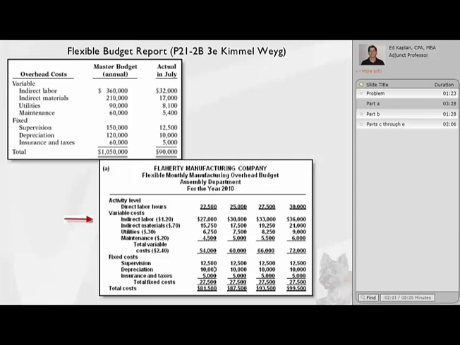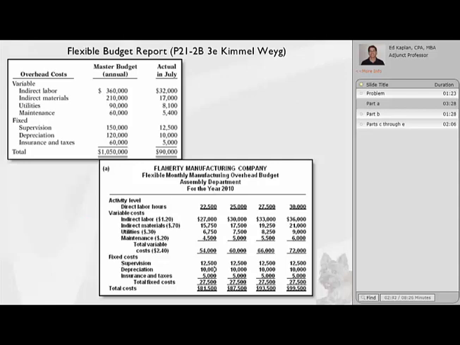When we do this, we derive $1.20 per direct labor hour. Then we multiply it times the 4 different levels of activity. So we're multiplying it times 22,500 direct labor hours. We're multiplying it again times 25,000 direct labor hours. And that one got us 30,000, and so on.